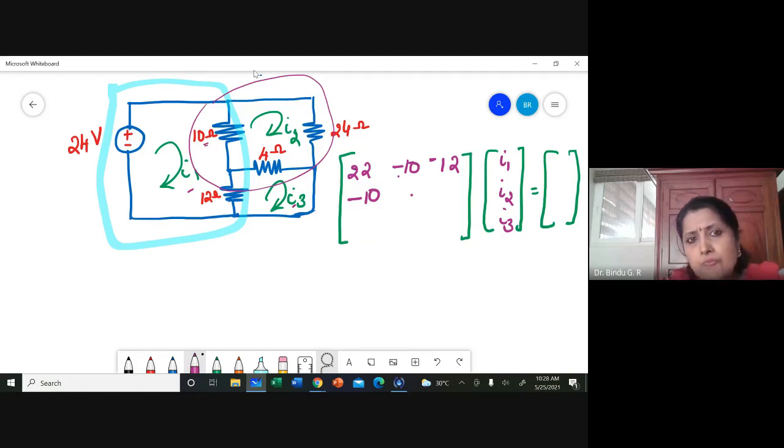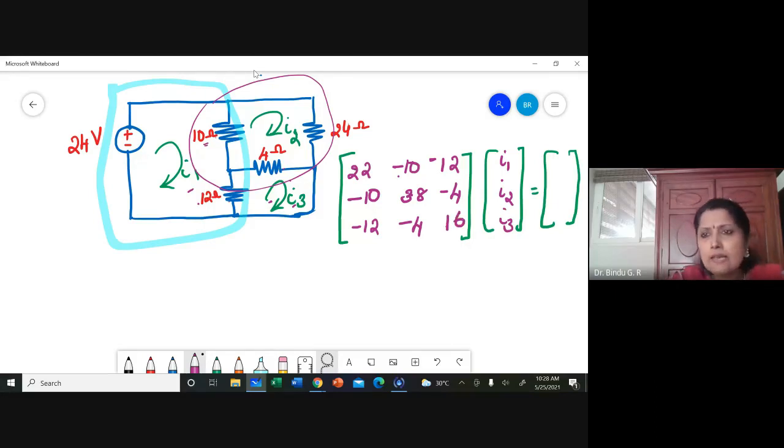So that is 10 plus 4 plus 24, 28 plus 10, 38. Then 2, 3 will be 4 with the negative sign, minus 4. 3, 1, minus 12. 3 and 2 is minus 4. 3 and 3 is 12 plus 4, 16.